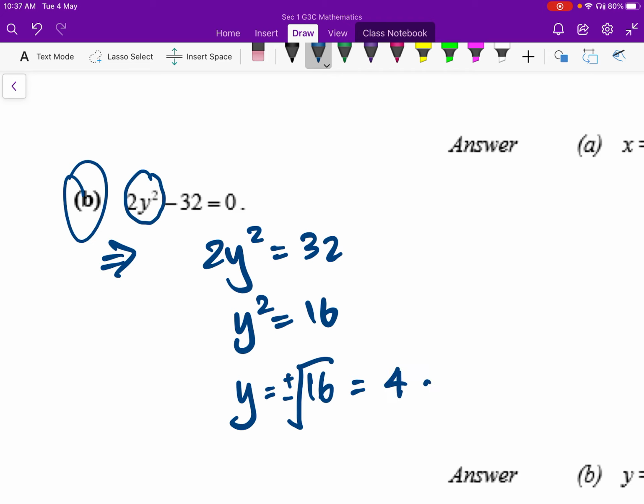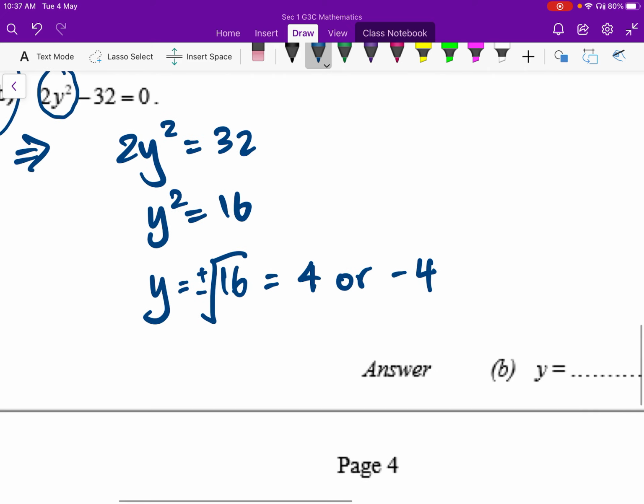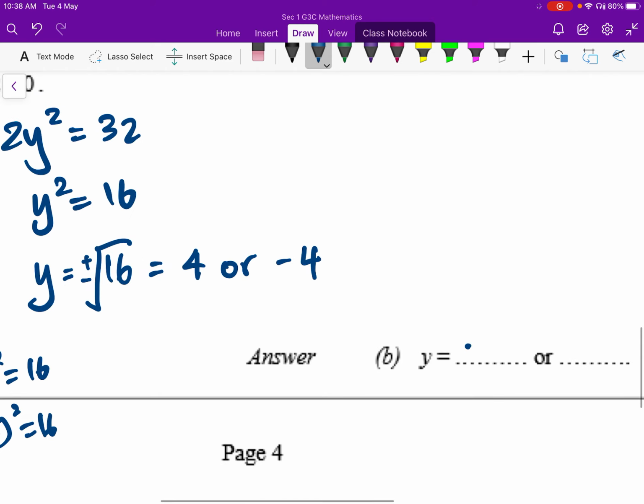You've got 4 or negative 4. There are 2 values. Check it yourself. When you take 4 squared, you get 16. When you take negative 4 and you square it, you still get 16. So these are the 2 values. When you introduce the square root, put in the plus minus sign.